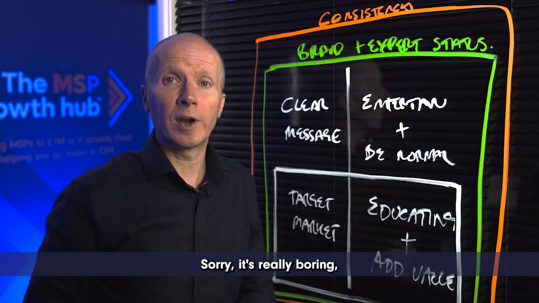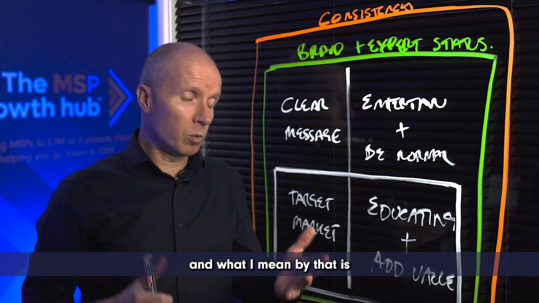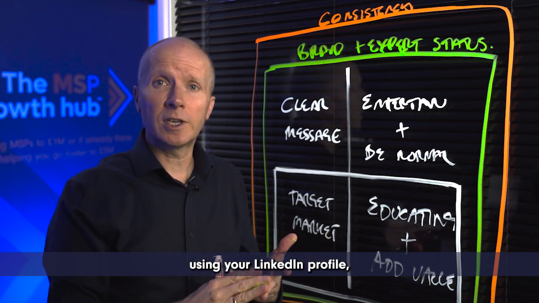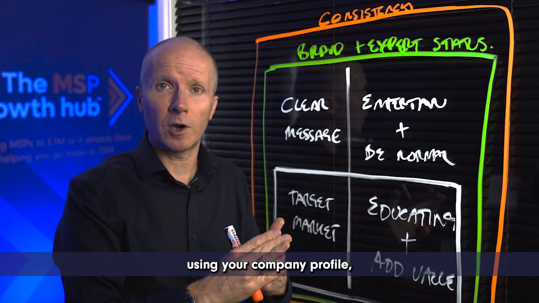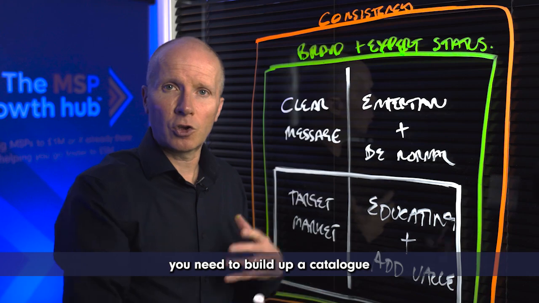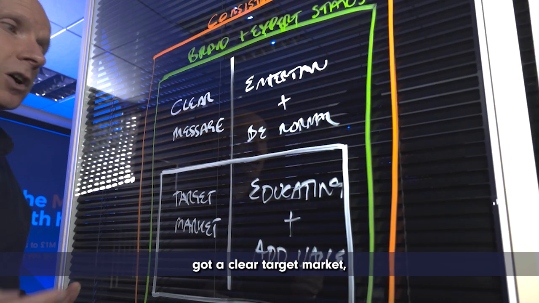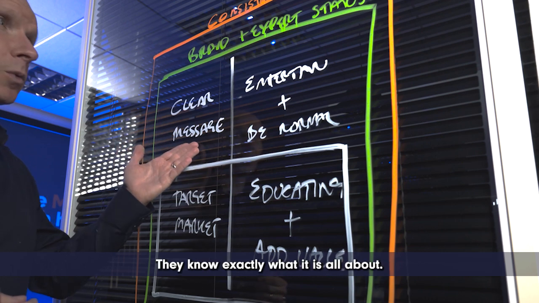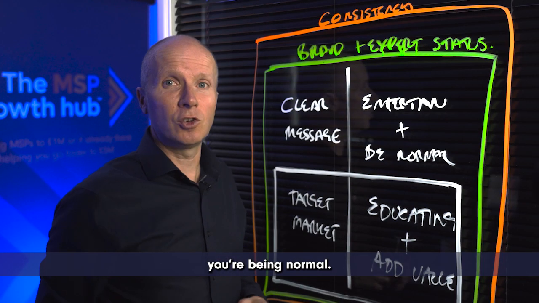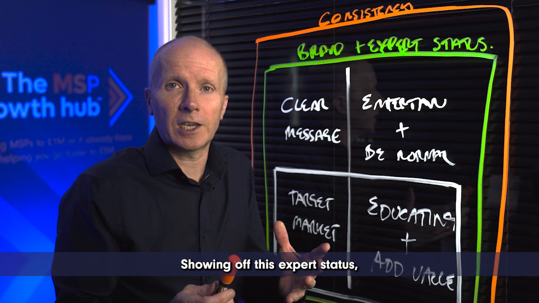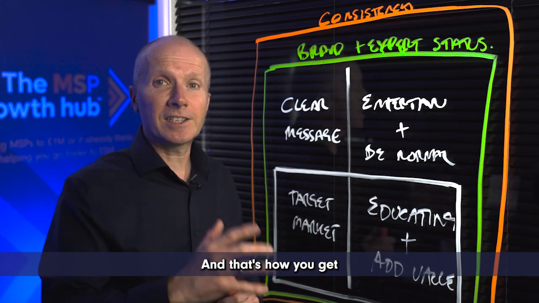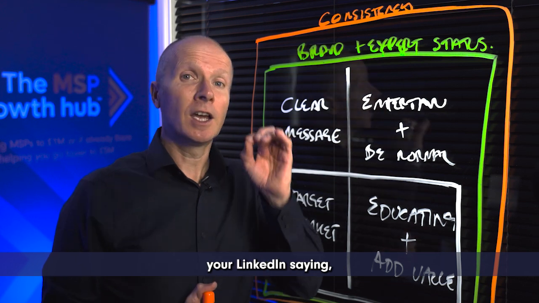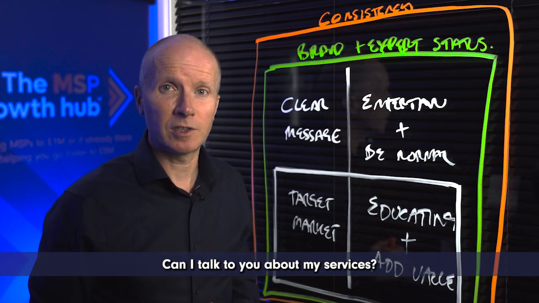Sorry, it's really boring, but if you're not consistent, and what I mean by that is posting 3 to 5 times a week, using your LinkedIn profile, using your company profile, you need to build up a catalogue of this content where you've got a clear target market, we're educating and adding value, you've got a clear message so they know exactly what it is all about, you're entertaining and you're being normal, showing off this expert status, but you're being consistent. And that's how you get your phone to ring and the message box pinging on your LinkedIn saying, can I talk to you about my services?